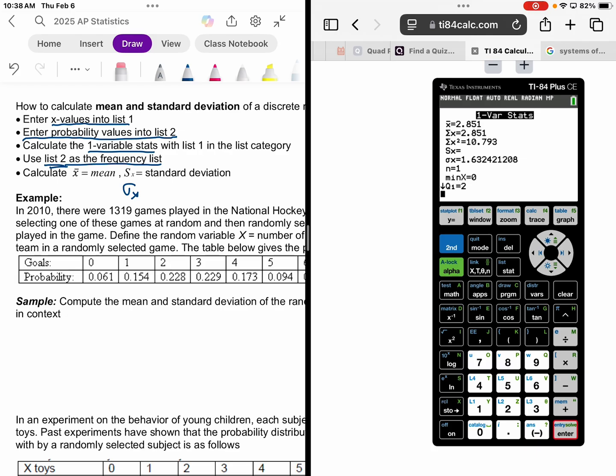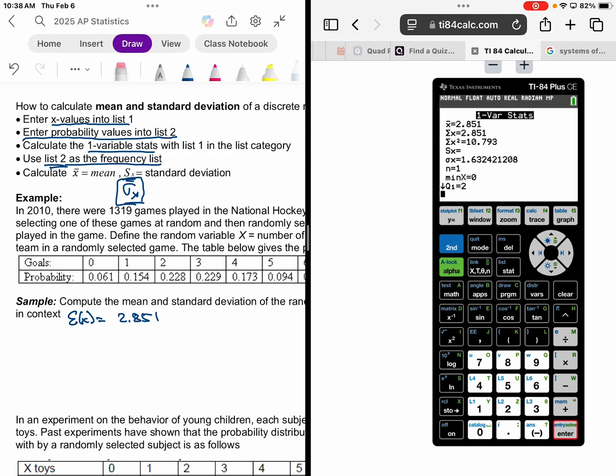And I've made a little note up here: they actually don't show S sub x on that screen. We have to grab the lowercase sigma x. So my mean, my expected value, E of X, is equal to 2.851. We want to use E of X, not X bar, as the indicator.